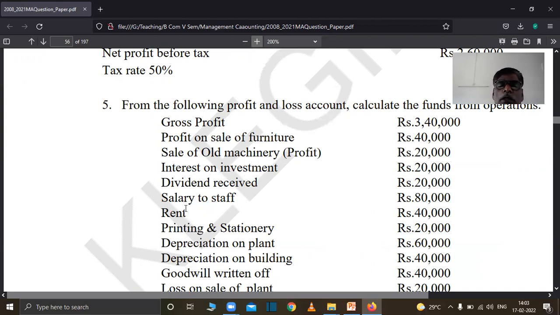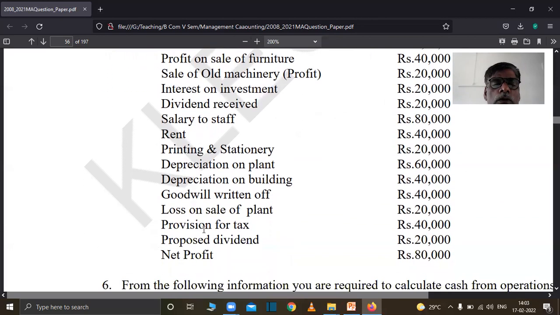Salary is relating to operation, rent is relating to operation, printing and stationery are operating expenses. Depreciation on plant and depreciation on building are related to business, but they are not in the form of cash. They are non-cash expenses, so you have to add those items. Goodwill written off is non-operating. Loss on sale of plant is non-operating. Next, provision for tax is non-operating.